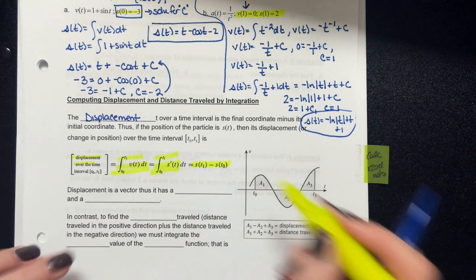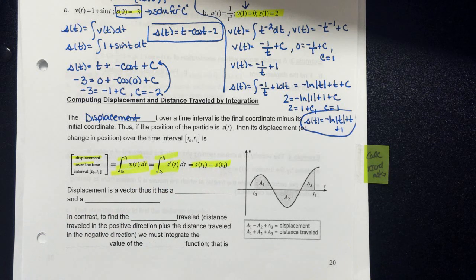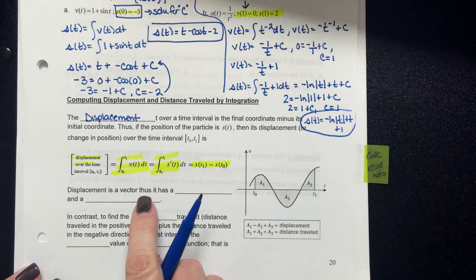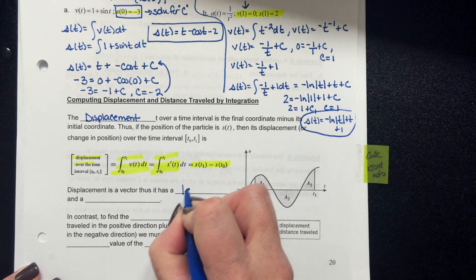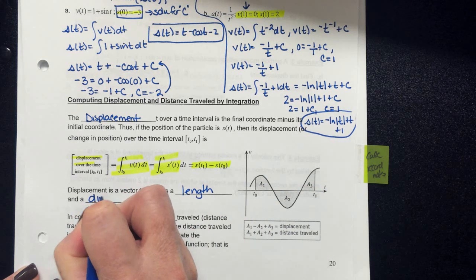And then again, using the fundamental theorem of calculus, you can plug in your upper bound and your lower bound. Displacement is a vector. It has a length and a direction.